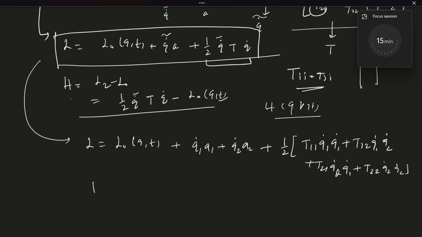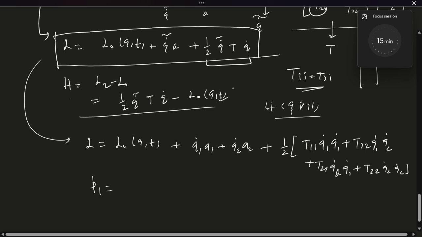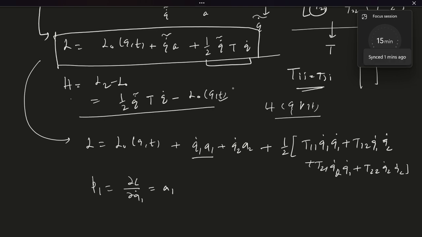So now find out what is your p1. P1 is equal to del L by del q1 dot. That will give you a1. From here you will get half times 2 times T11 q1 dot, and from here you will get T12 q2 dot plus T21 q2 dot.